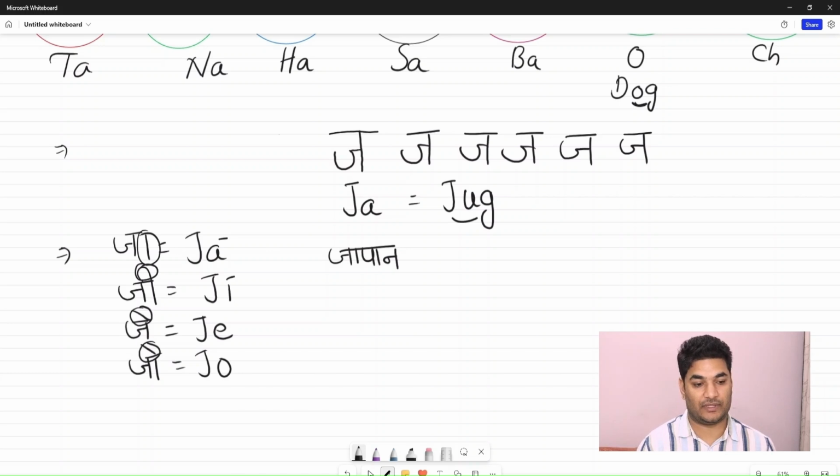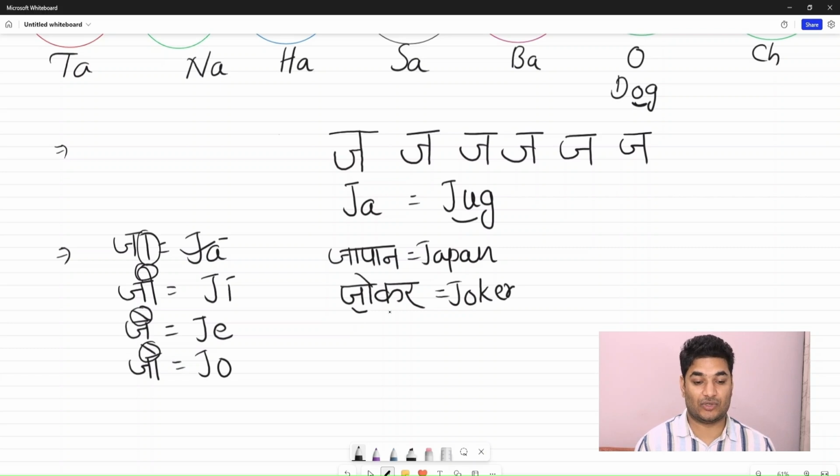A few words. Japan with A matra. Japan, the country. Then we have Joker. Joker will be written like this. Then we have jail.